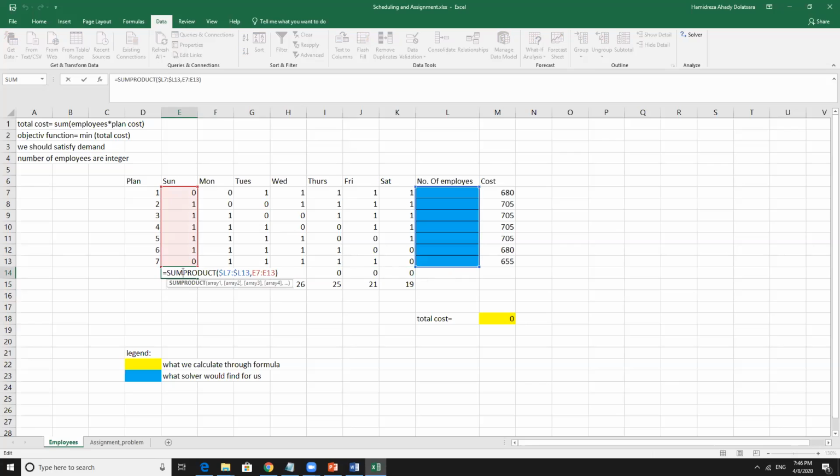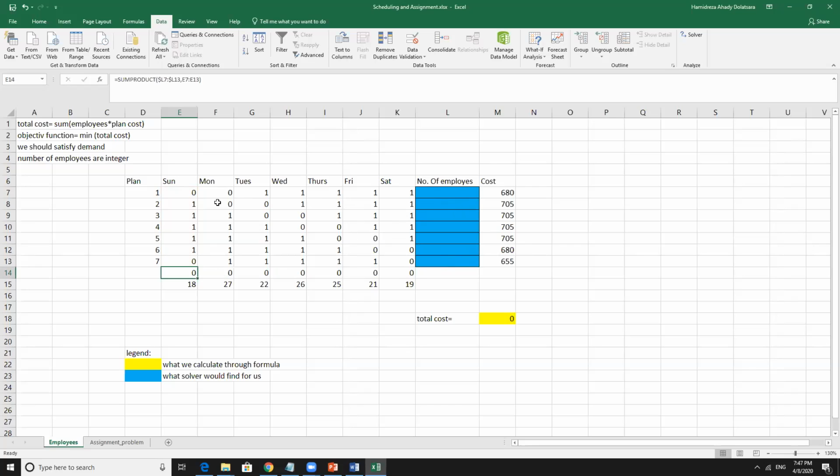So what does this mean here? Let's say I have 5 employees from each plan. So in these blue cells, each of them is 5. It means I pick 5 from plan 1, 2, 3, 4, 5.